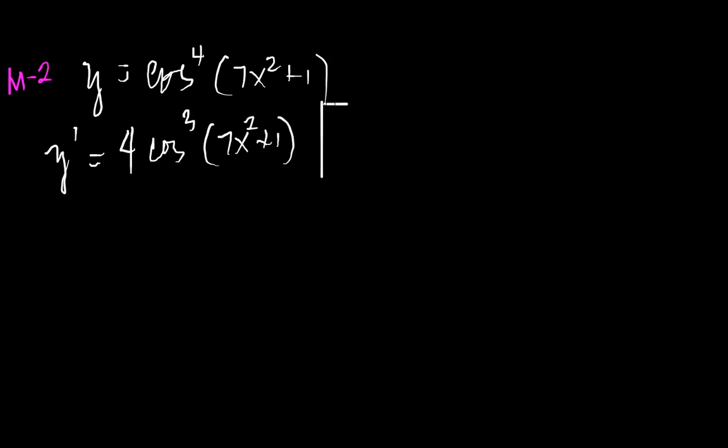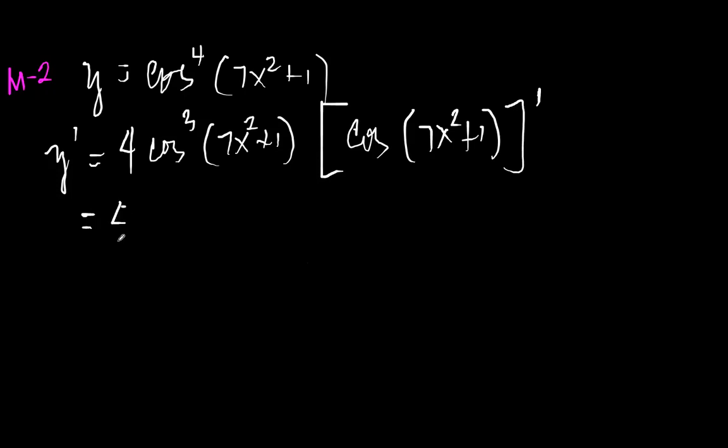And of course, since we differentiated this using the power rule, we need to differentiate cosine of 7x squared plus 1 as well. So copy 4 cosine cubed of 7x squared plus 1. And let's differentiate this.